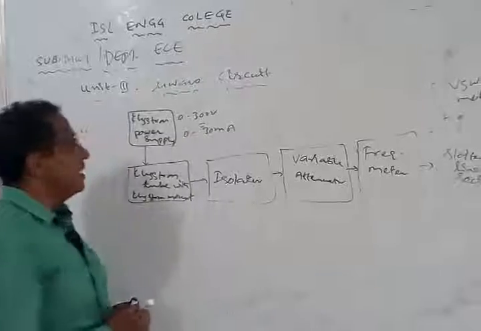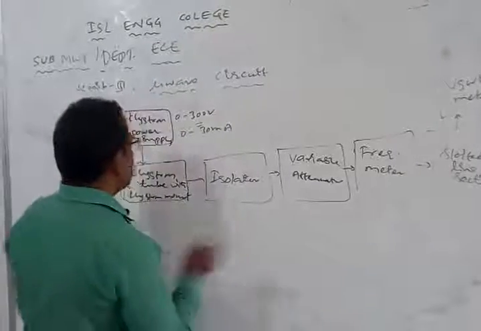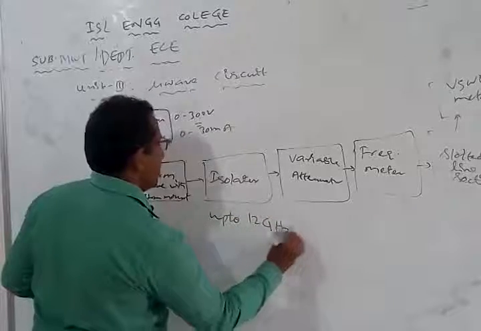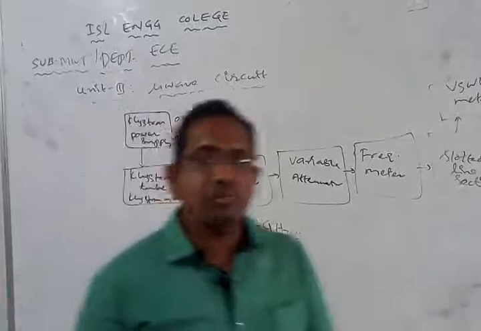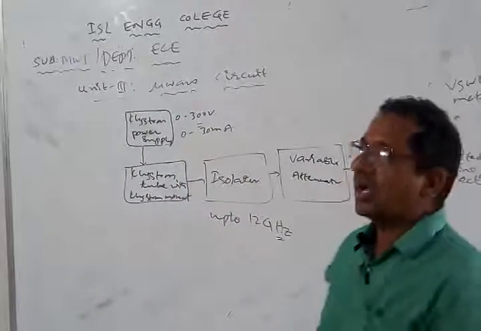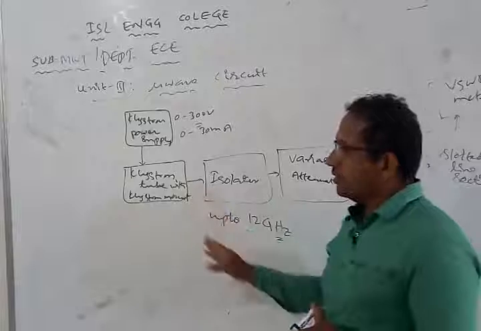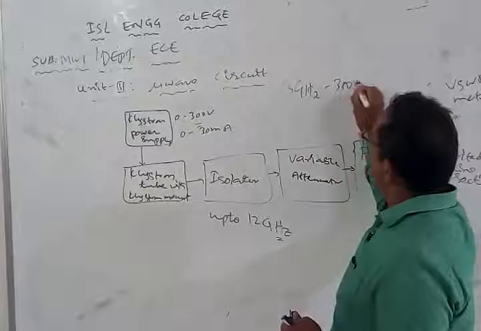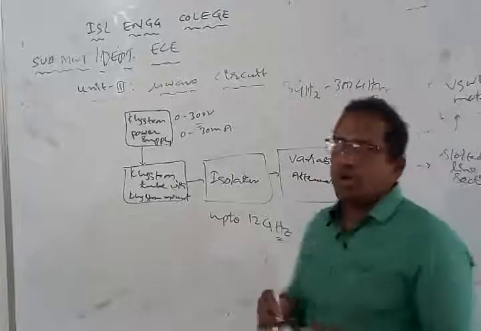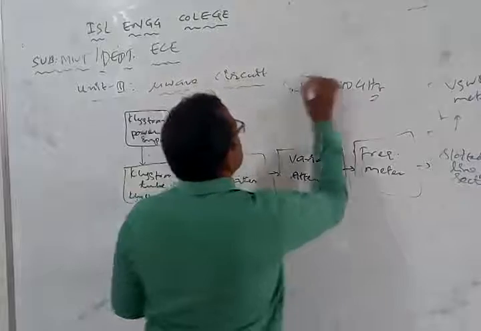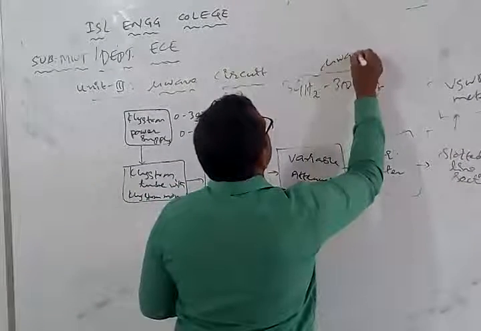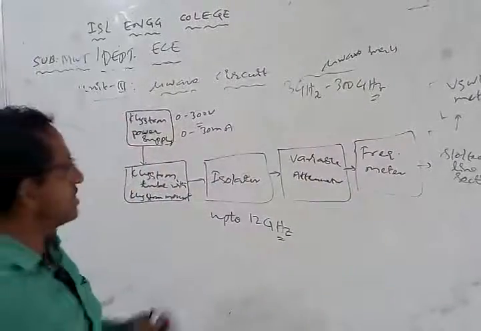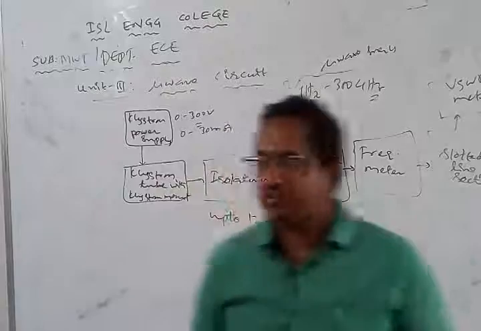In our laboratory, we are generating microwave signals up to only 12 gigahertz, because we know microwave frequencies range between 3 gigahertz to 300 gigahertz. So 3 gigahertz to 300 gigahertz is basically the microwave frequency range.